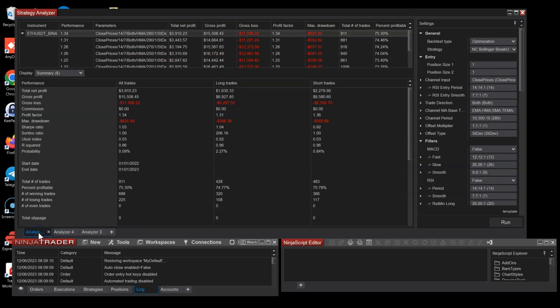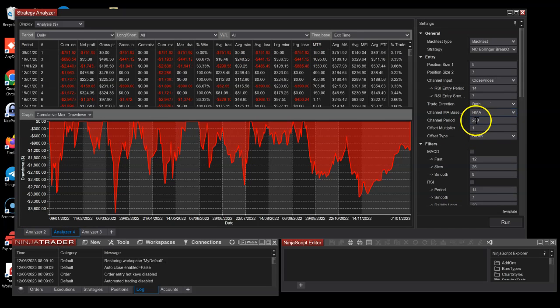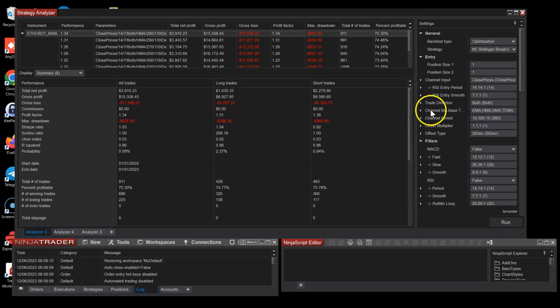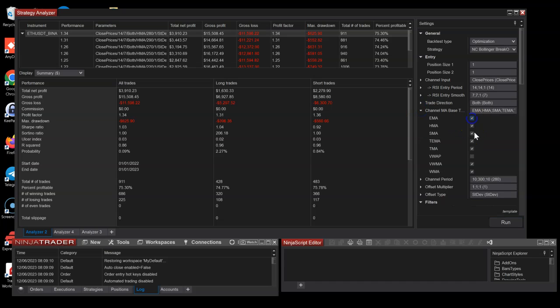But you can even do, for example, we're happy with these settings. So it's HMA and it's 280. So what we're going to do is we're going to turn this off.